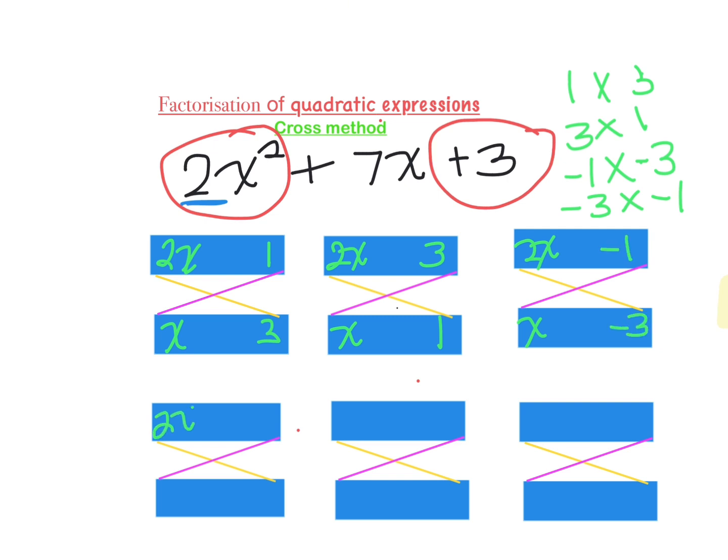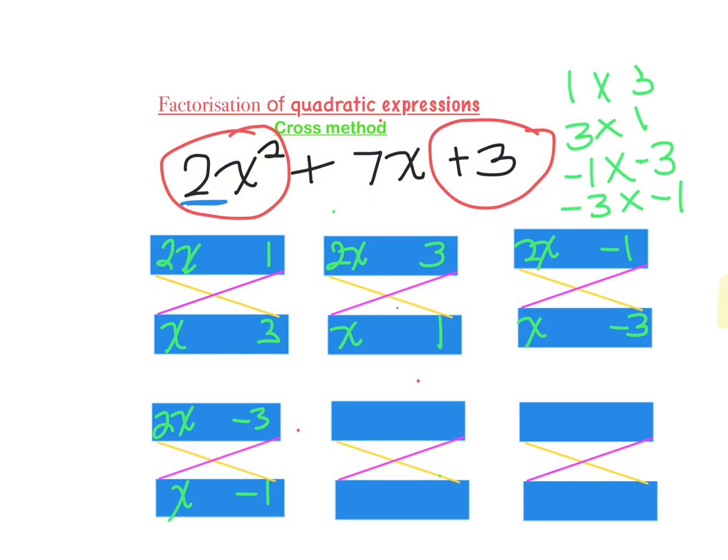Let's do the next one, 2x and x, and then we can have -3 and -1. Okay, so now we're going to cross multiply this and see which cross multiplication group will give us a positive 7x.